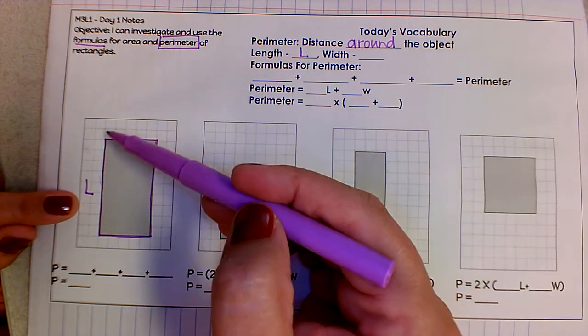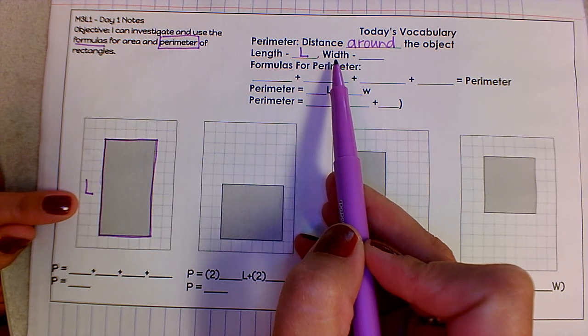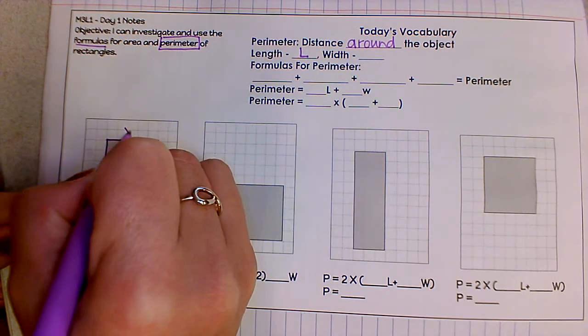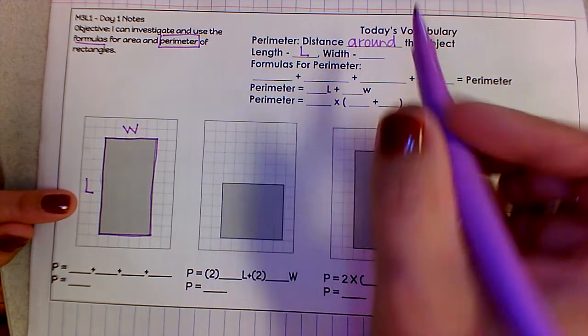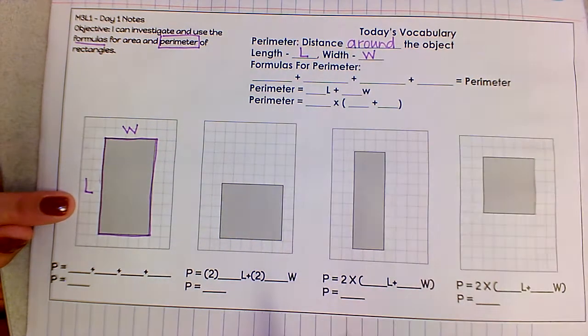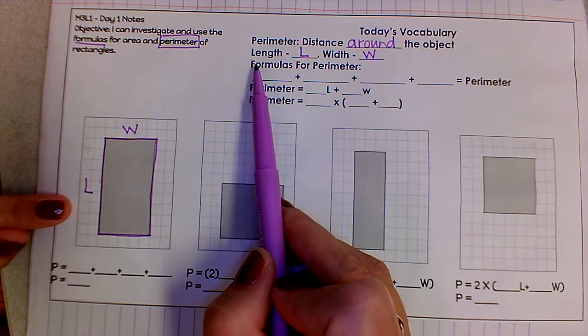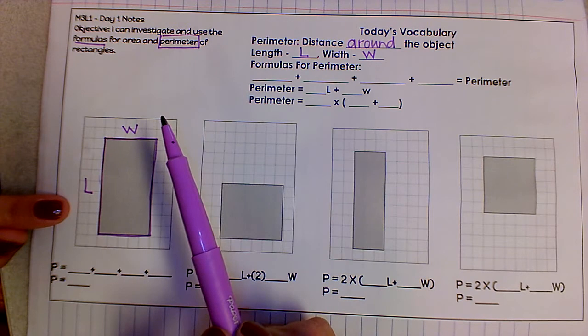So remember, length is anything up and down. The width is how wide something is, or from side to side. So we're going to do the width here. What did I abbreviate width with? With a W.